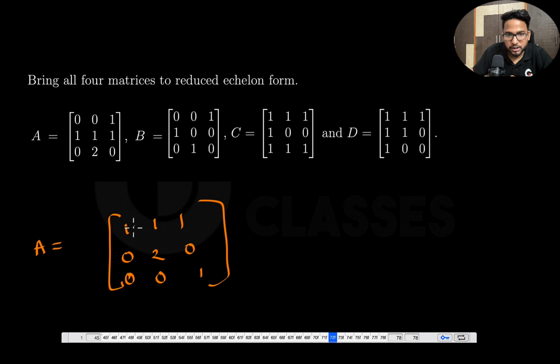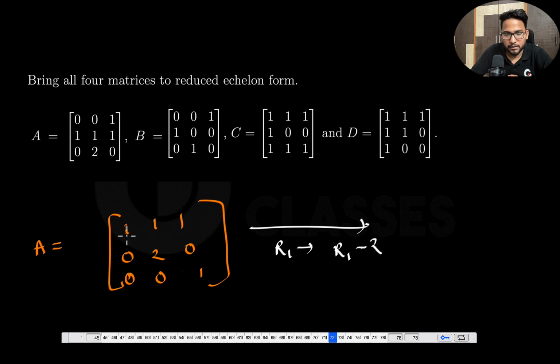So see, now it is already in the echelon form. You need to convert that into the row reduced echelon form, because that's what they are saying. So I think I can replace R1 by R1 minus maybe 1 by 2 R2, something like that.